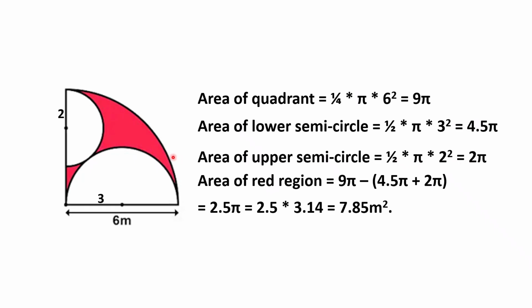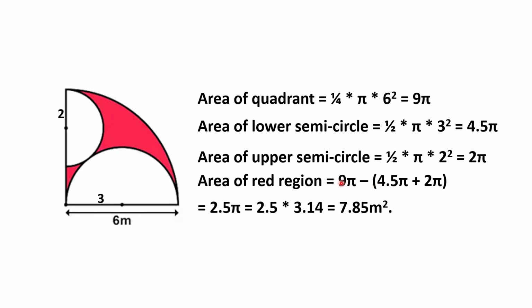So the area of the red region would be the area of the quadrant minus the area of these two semicircles. So the area of the red region would be 9 pi minus, subtracting the white area, that is the two semicircles, 9 pi minus within brackets 4.5 pi plus 2 pi.